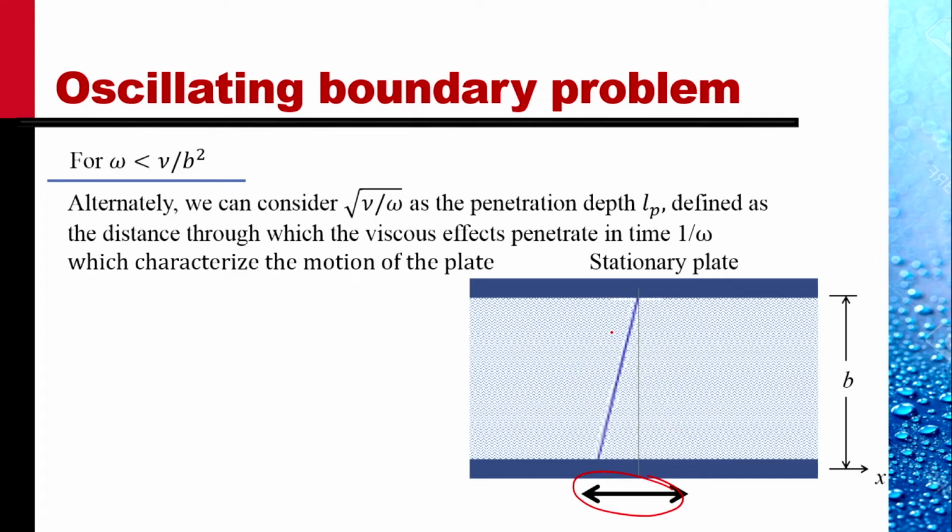The penetration depth. Within one cycle, how far does the effect penetrate? And if this penetration depth is much larger than b, then the effect penetrates through the distance b almost instantaneously.